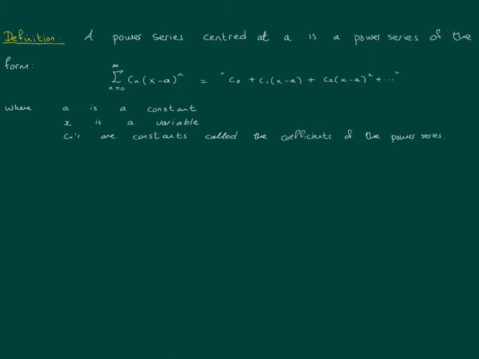And a is often referred to as the center. So a is a constant called the center of the power series. Okay, so this is why our previous definition was a power series centered at 0, because we only had x, and that's the same as x minus 0. So this is a power series centered at a.